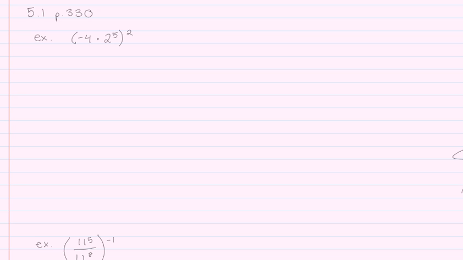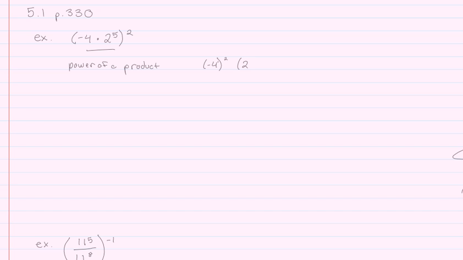So with the first one, I have a product here raised to a power. So this is a power of a product, and I'm going to go ahead and use that property. And what that has me do then is it takes -4 and squares that. Alright, and the exponent on that -4 is 1.